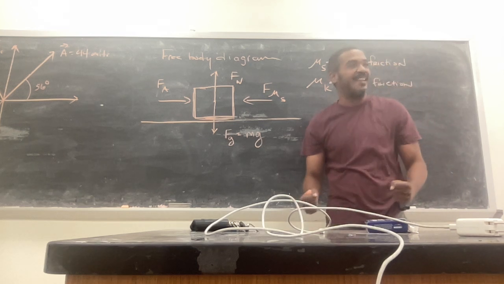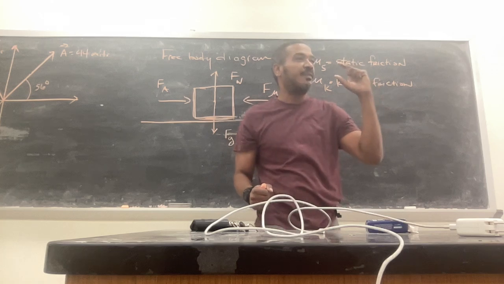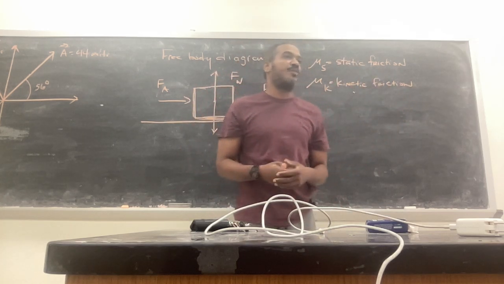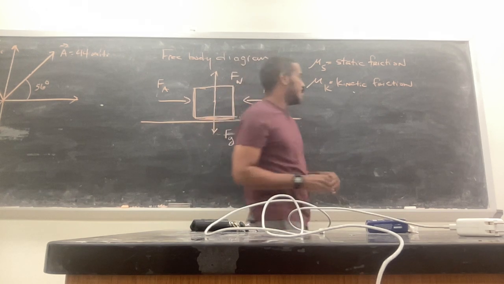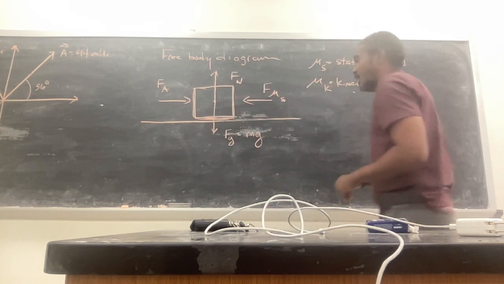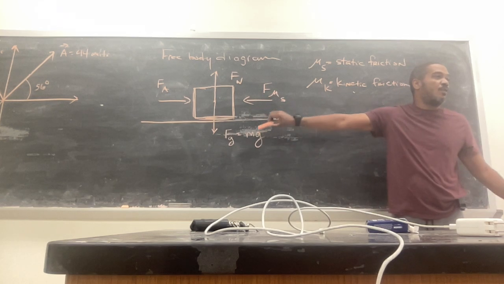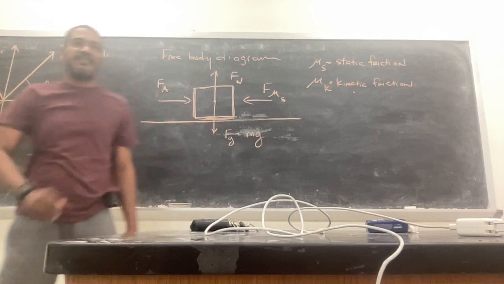Once you overcome that, then you get to the kinetic friction, which is normally much smaller than the static friction. And we're going to show that in the mathematics. So, in this case, how many forces on the box? Four. We have four forces acting on the box simultaneously.